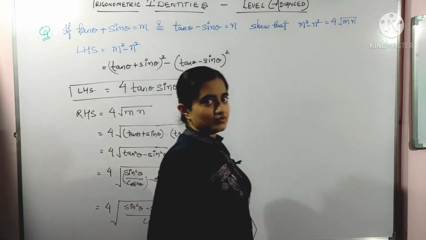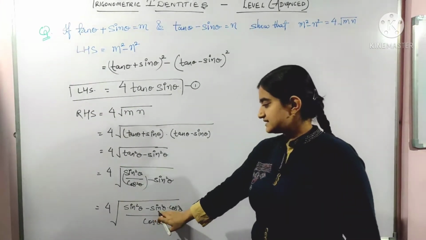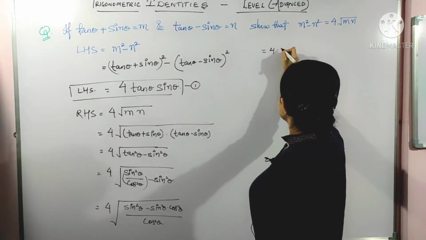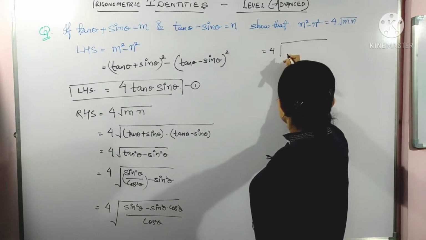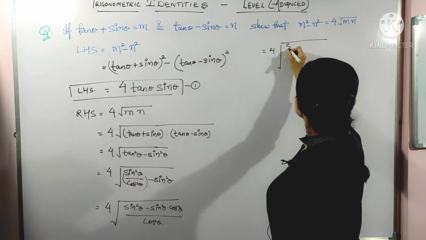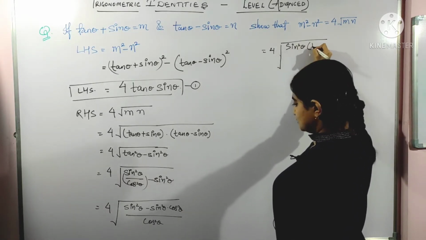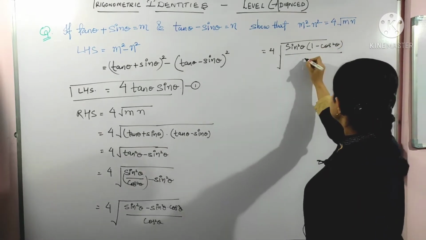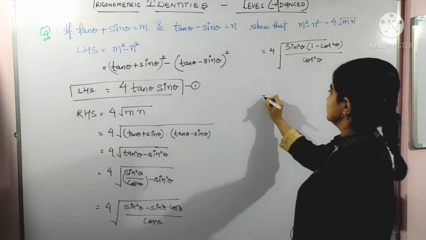Now in this step we will take sin square theta common and the rest will be left in the bracket. Okay, sin square theta common, 1 minus cos square theta, and in the denominator cos square theta.